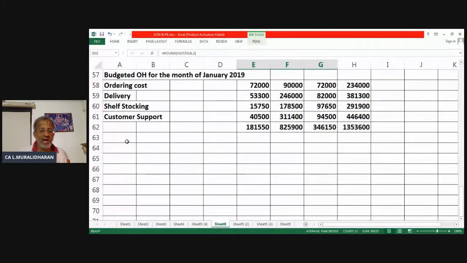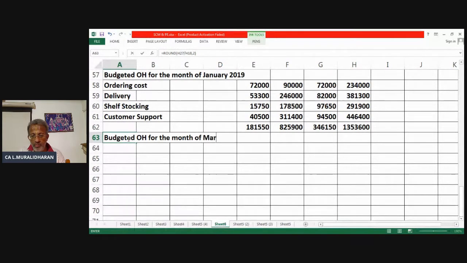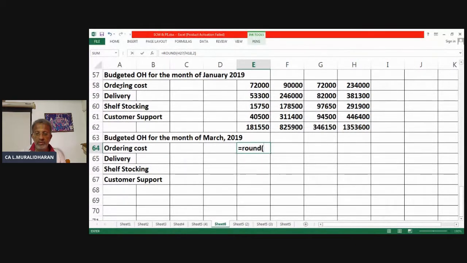But they are asking us to prepare budgeted overheads for the month of March 2019. If that be the case, how do we arrive at this budget? These numbers, I mean 72,000 here, will be multiplied by 0.996 times of budget. Between January to March, there are 2 years, sorry, 2 months.